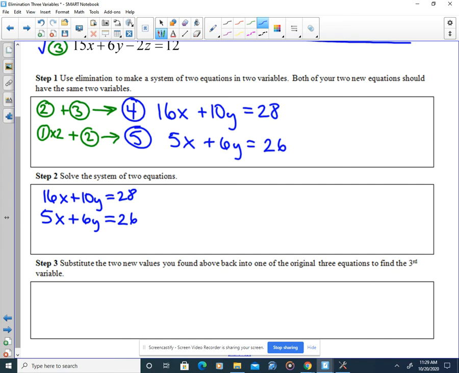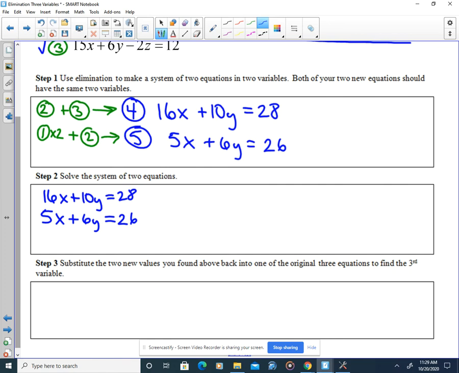I want to solve this system. I want to solve for x and y here. I can do elimination, I can do substitution, okay? Whatever we want. Well, substitution is not going to be a good choice, so let's do elimination. Let's eliminate the y value. So let's think about what we're going to have to multiply both equations by to get rid of the y.